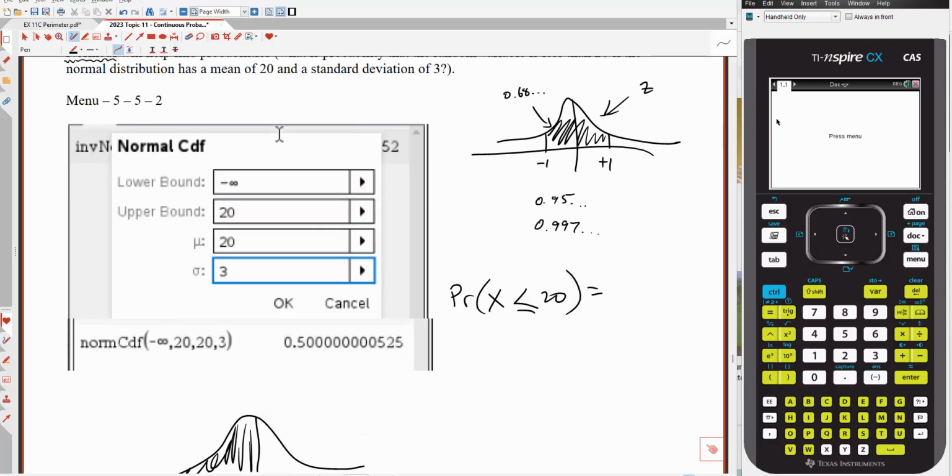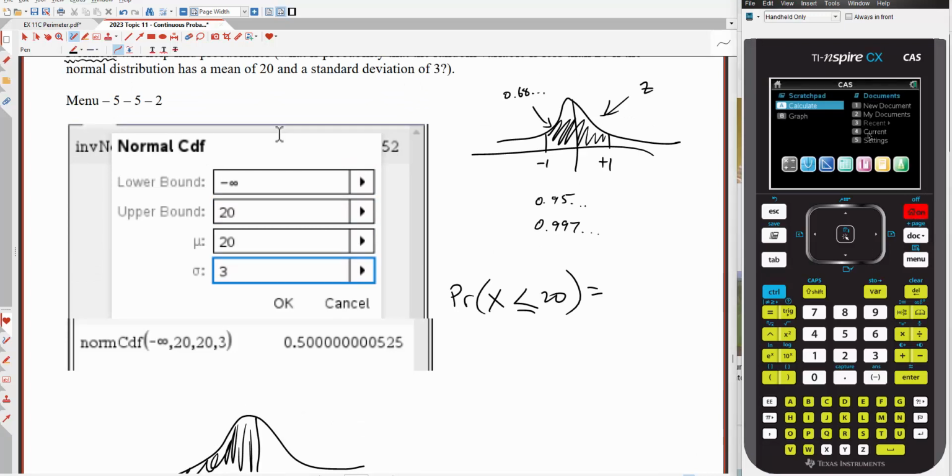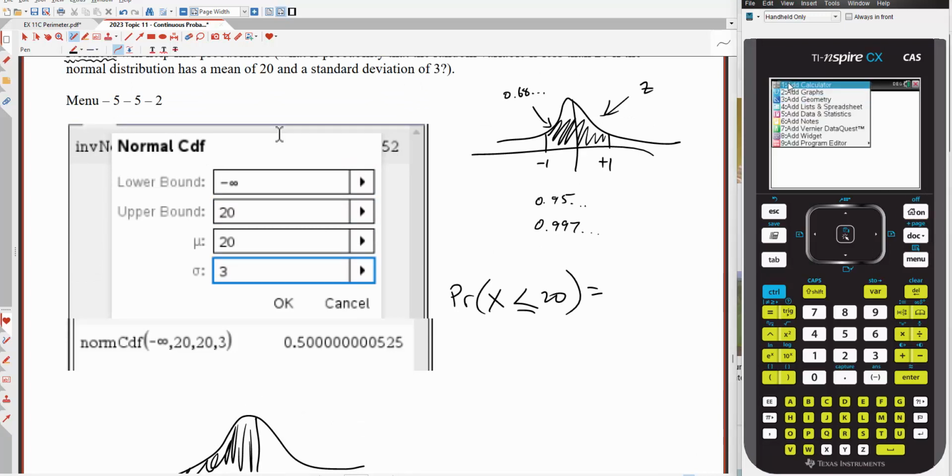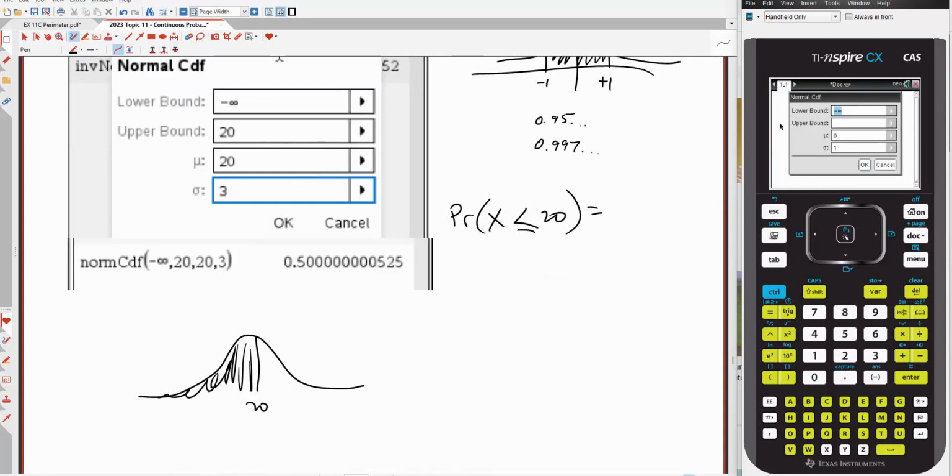Okay, I've done norm CDF earlier, and I'm going to do it again so you can see how it's done. So add calculator, and according to my notes it's menu, 5 for probability, 5 for distributions, and we want norm CDF, that one there. The lower bound says where do you want to start, and we know the normal distribution curve is defined for values of x from -infinity to +infinity.